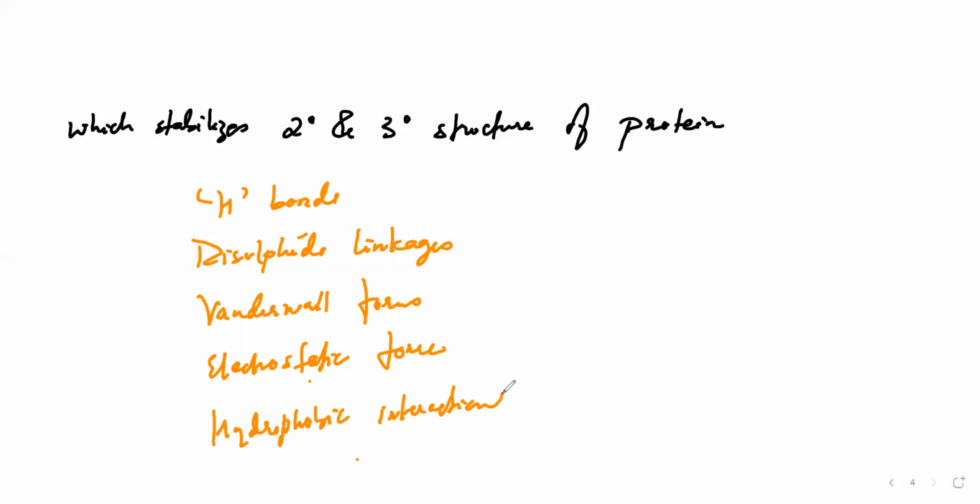Okay, so now whenever this tertiary structure is formed, as I told you, either there will be one polypeptide or there will be more polypeptides, depending upon how many amino acid residues are going to bind to it. So if there is one polypeptide, then that is termed as what? Monomeric.